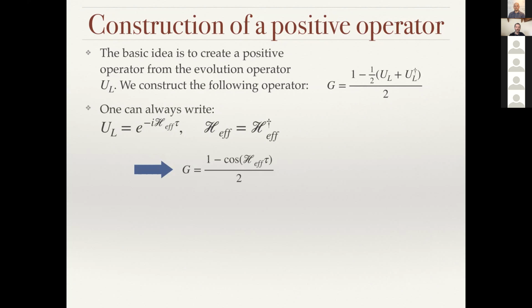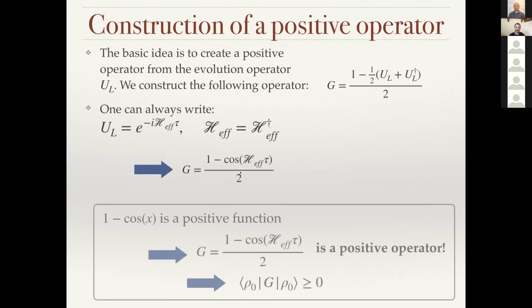Then we can write G like 1 minus cosine of a Hermitian operator. And since 1 minus cosine is a positive function, it means that G is a positive operator. And if it's a positive operator, it immediately implies that any expectation value of it must be non-negative.